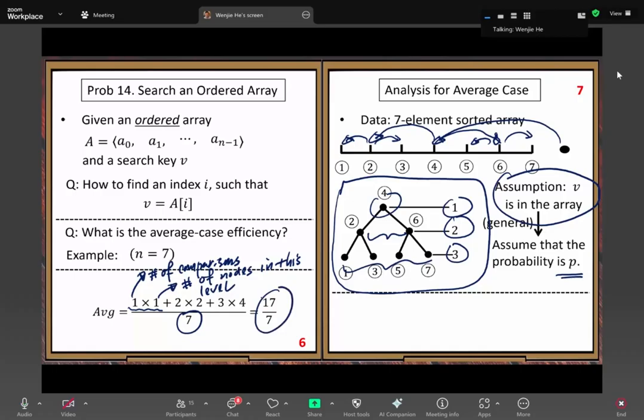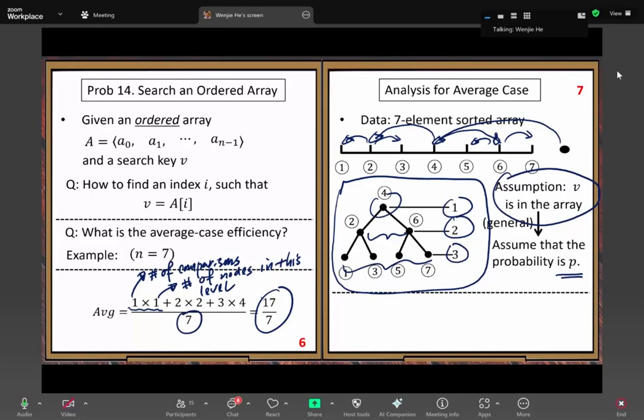You get the final answer, 17/7. It's not an integer. When you calculate the average case efficiency, in general the answer should not be an integer.